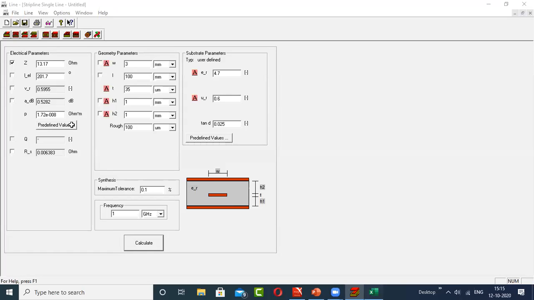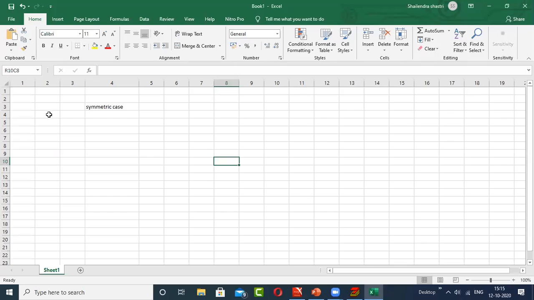So we'll take the standard dimensions. I will start with H1 equals H2, and that equals 0.4, because I have seen 0.4 mm thickness, 0.8 mm, then 1.6 and 3.2. These various cases we have to take.